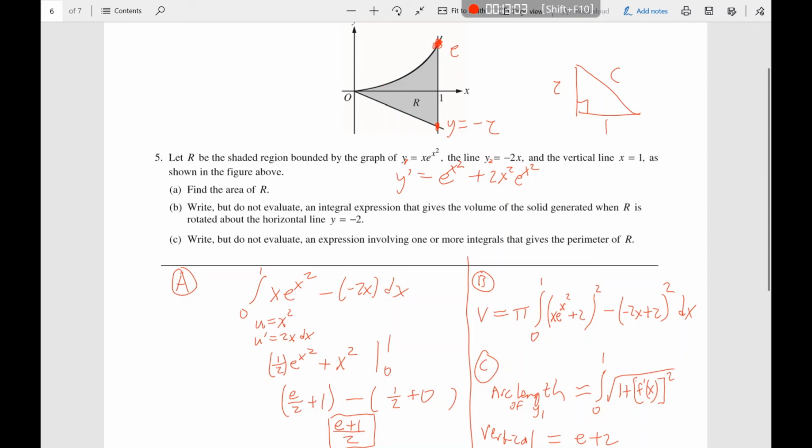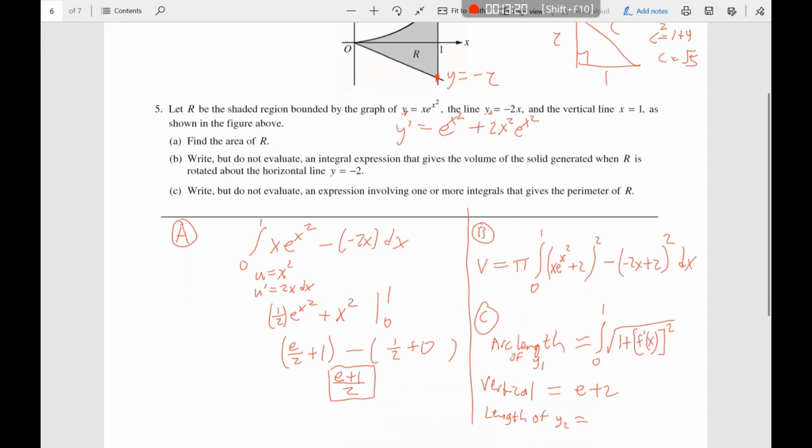Yeah, that's okay though, so they don't have to draw these to scale. Okay, so if we solve for c, what's going to happen? Okay, c squared equals 1 plus 4, or c equals root 5. Okay, so that's the length of y2 is root 5.